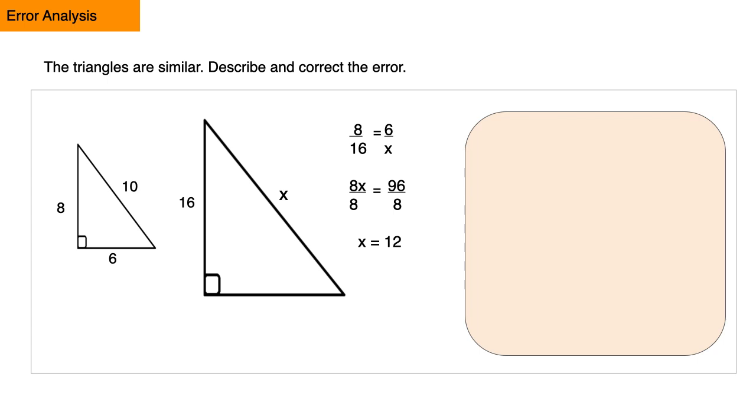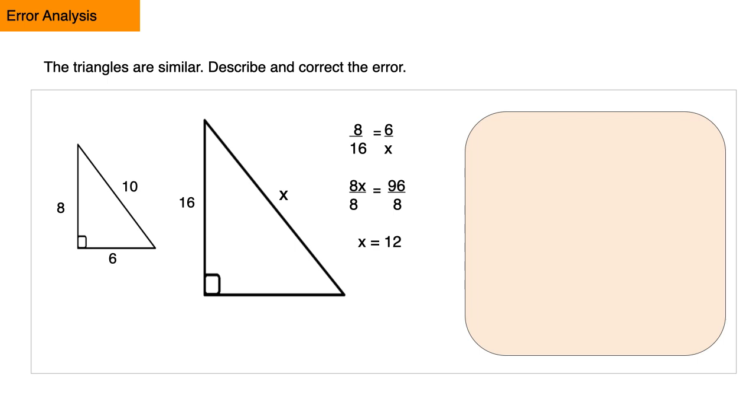What did I multiply the short side lengths by on the triangle on the left to get the corresponding side on the right? So I can see that there's a scale factor of 2 right there, right? So because of that, I feel like x should not equal 12 like what it shows here. I think x should equal 20 because it should be 10 times 2.